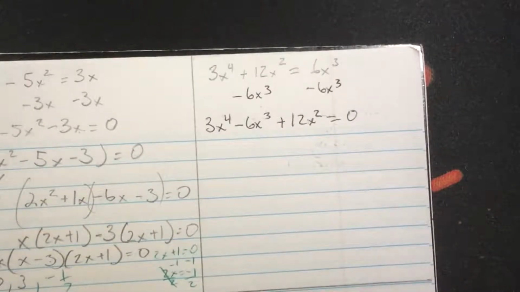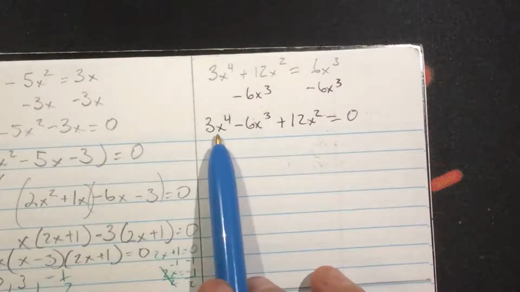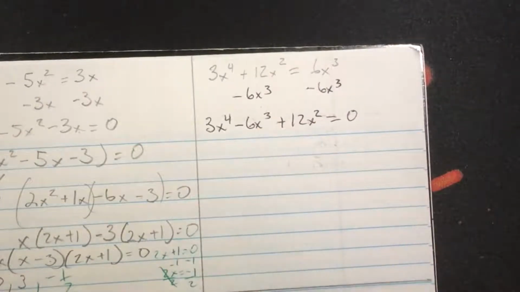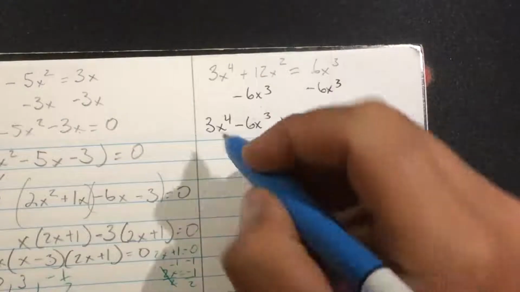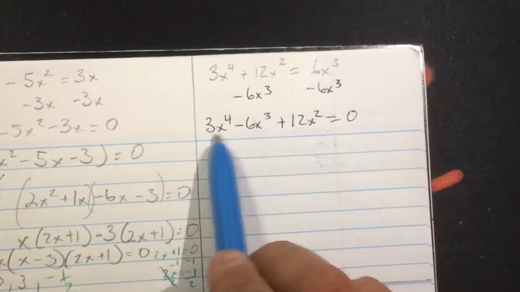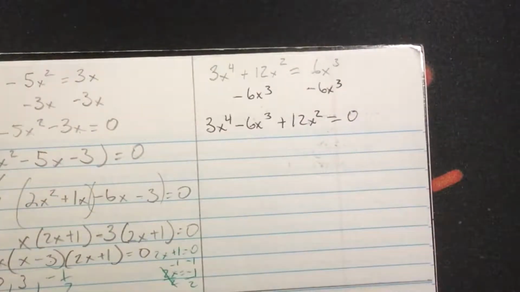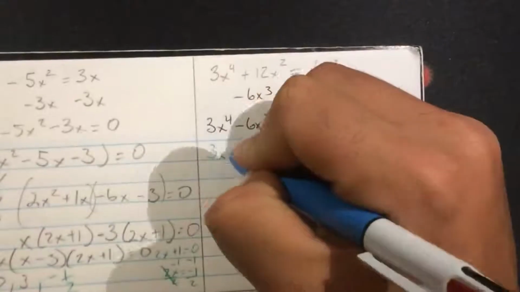Once again, we're going to look for a common factor. For this one here, I noticed that my common factor is actually x squared. Well, it's actually 3x squared because each one is also divisible by 3. So we're going to go ahead and do that: 3x squared.